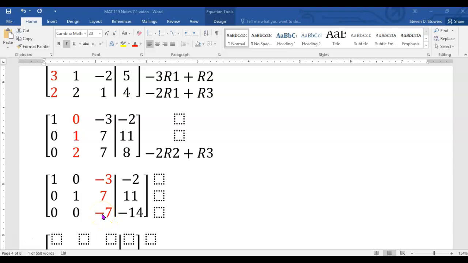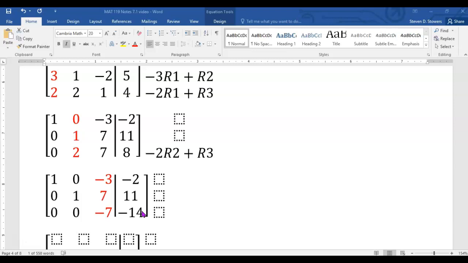To turn a negative 7 into a 1, I'm going to take advantage of that second row operation, the one that says that you're allowed to multiply or divide everything in a row by any particular non-zero constant. So what I'm going to do here is take this bottom row and divide it by negative 7.